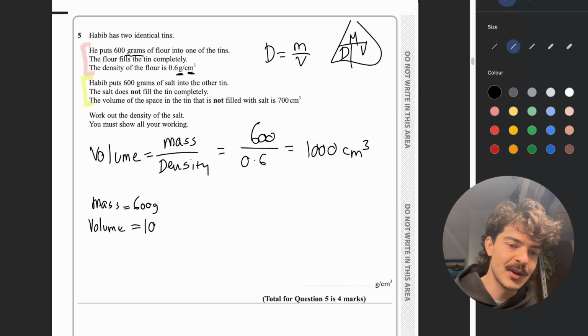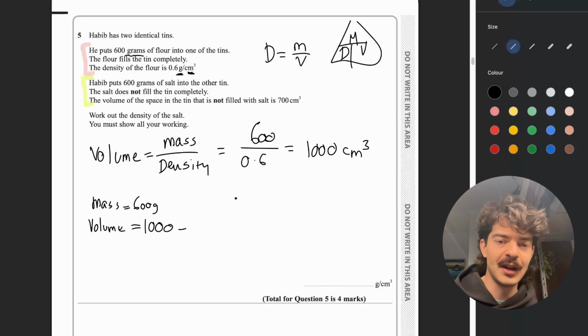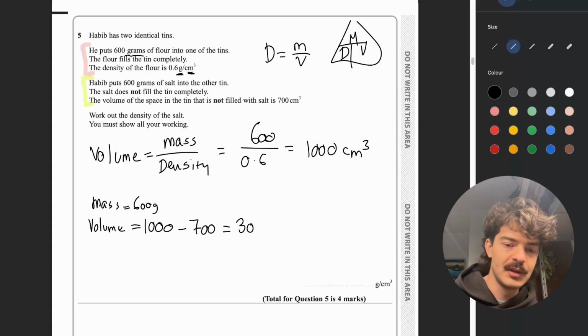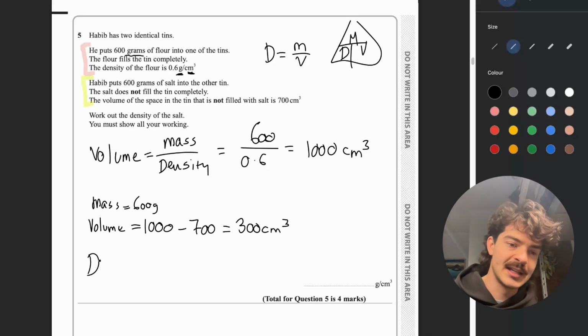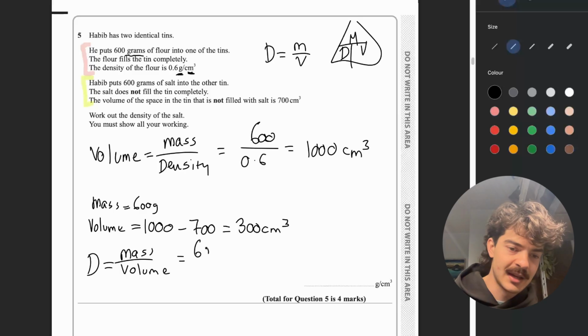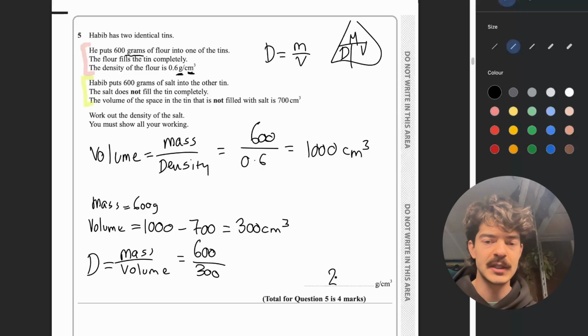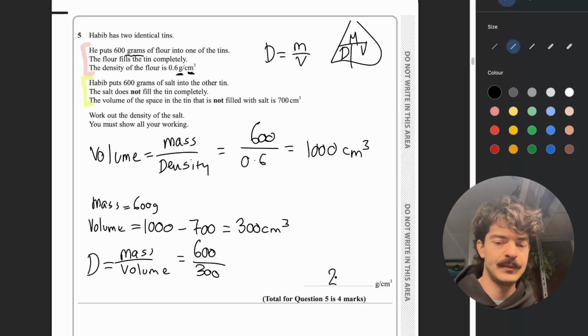Well, we know that the total is 1,000 and 700 has not been used. So we're left with the salt only filling 300 centimetres cubed of the space. Our question now is to work out density. As we said to begin with, density equals mass over volume, which is going to be, in our case, 600 over 300, which hopefully you can spot quite quickly. It's just going to be 2. Nice.